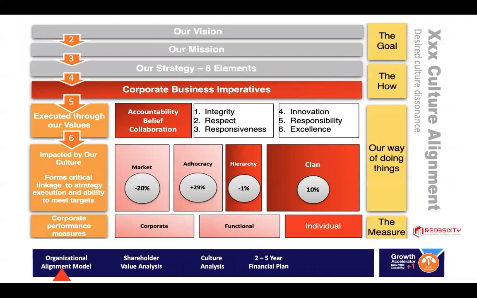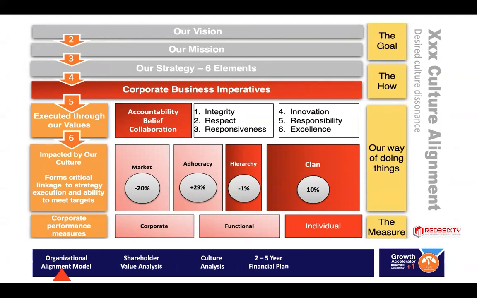If we look at each one of those just briefly, the framework that we provide you makes sure that we can translate vision to mission into alignment to the strategy and driving corporate business imperatives. The framework also makes sure that this integrates into values. So what are those values and how is it impacted by culture?